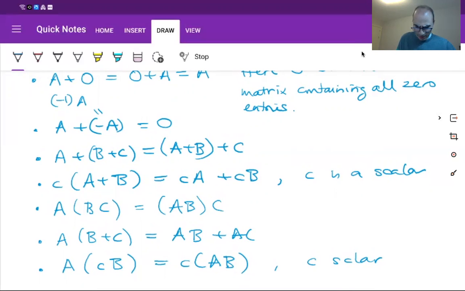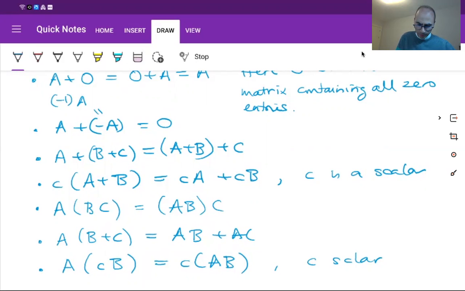And one can give an elegant proof of that by noticing that matrices really correspond to special types of functions between spaces like Rn and Rm and so on. We call them vector spaces.